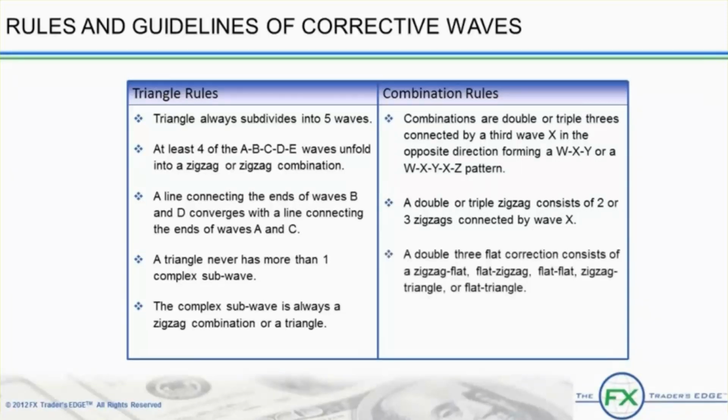A double 3 flat correction consists of a zigzag flat, flat zigzag, flat flat, zigzag triangle, or flat triangle. Double and triple 3 corrections take the place of flats and triangles.